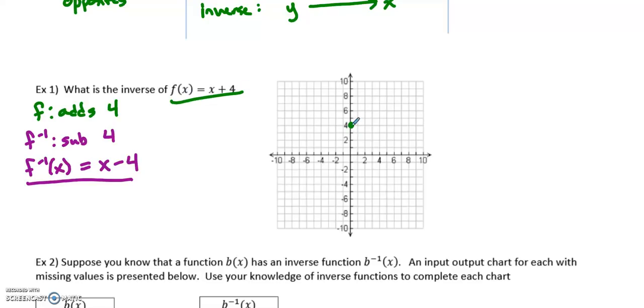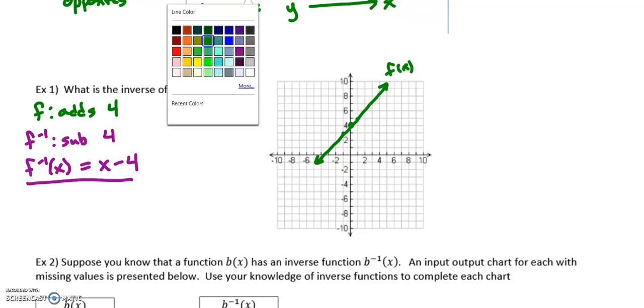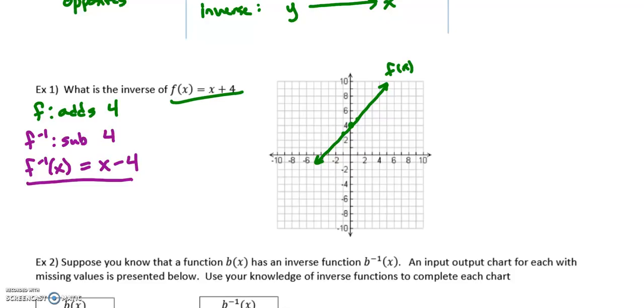So if I graph them really quickly, there's f of x, get a couple of points, a nice line, and try to make it hit my points a little bit better. Oh, go away. Let's try again. There we go. There's f of x. And I have my inverse at -4, same slope.